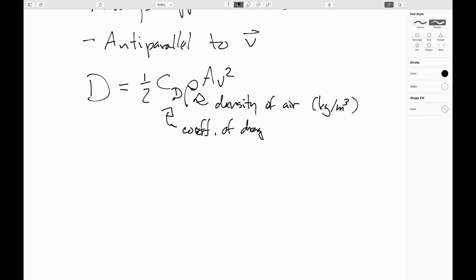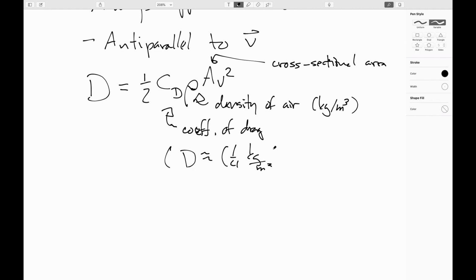For typical surfaces with the typical densities, this A here is the cross-sectional area. We'll get into that in just a second. You can roughly get away with saying it's approximately 1/4 of a kilogram per cubic meter times the cross-sectional area times v squared.